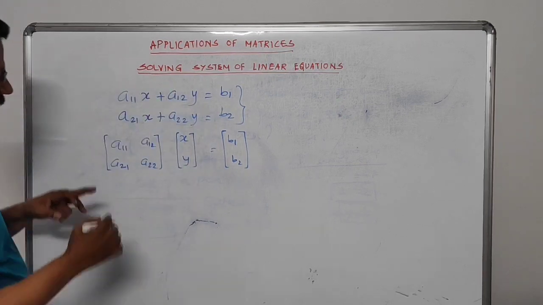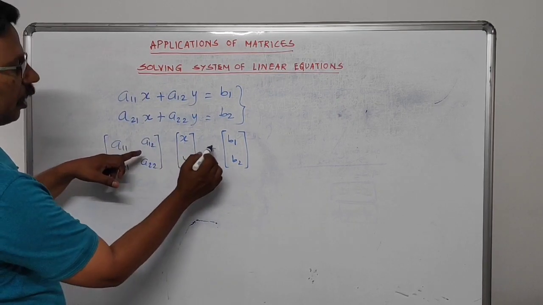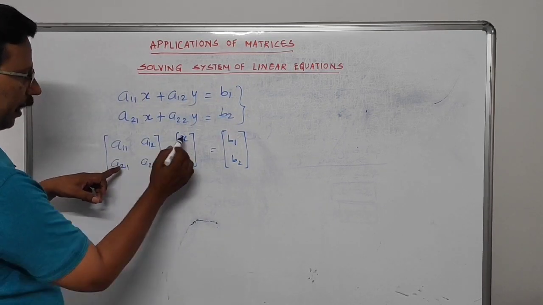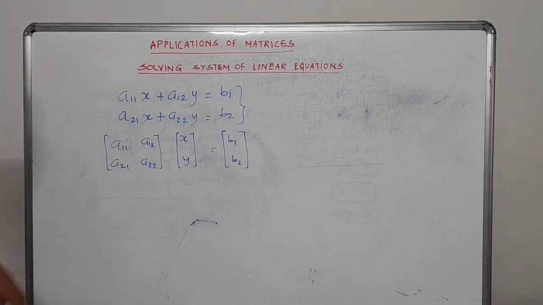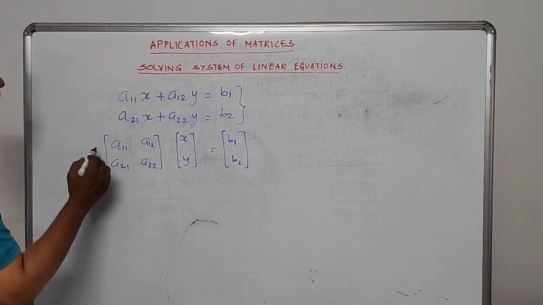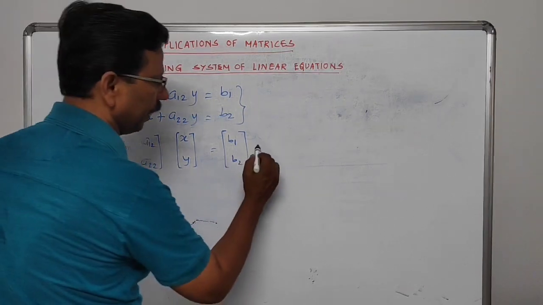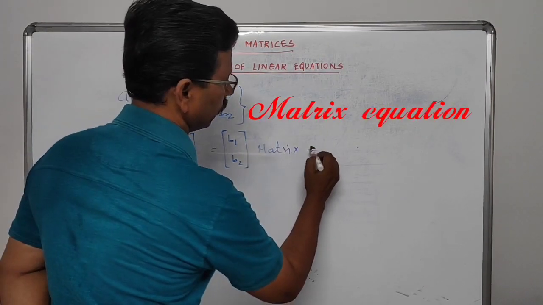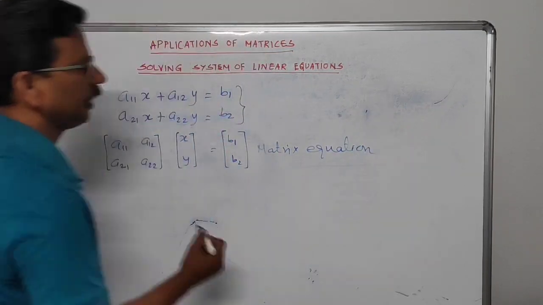See here, row by column method: a11x plus a12y equal to b1, the first equation. If you take the second row, a21x plus a22y equal to b2, you get the second equation. Therefore, this is the algebraic form, this is the matrix form. We can call this a matrix equation.